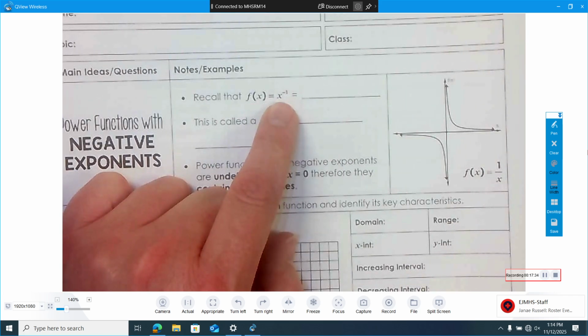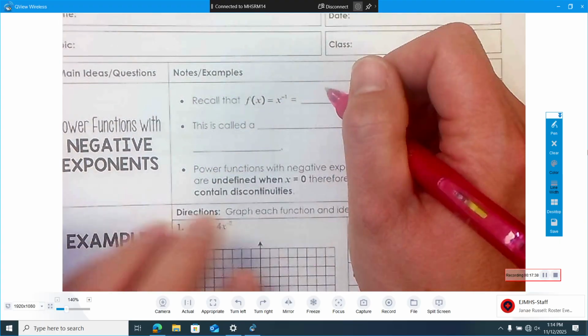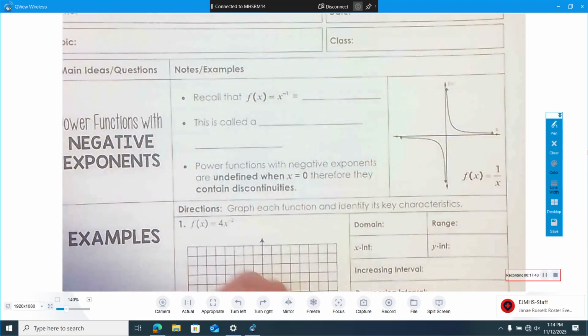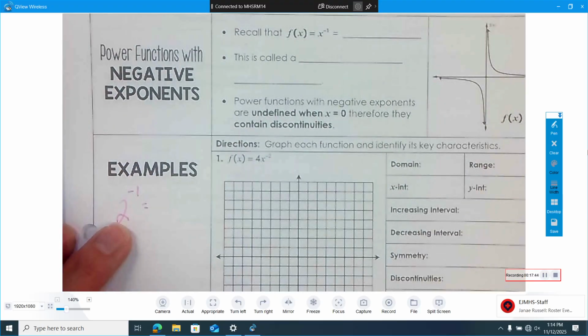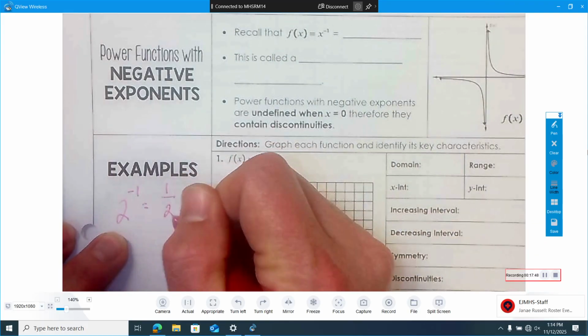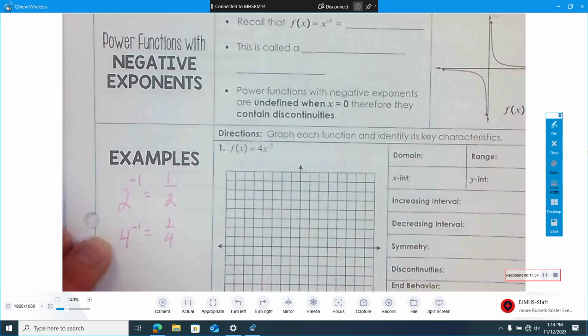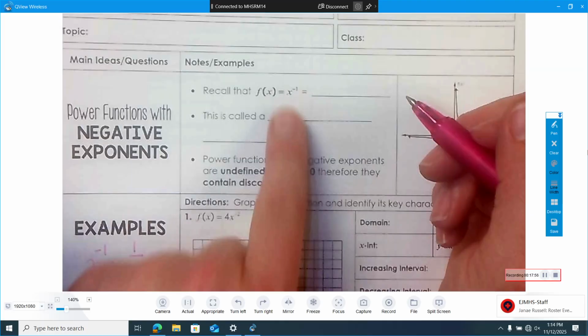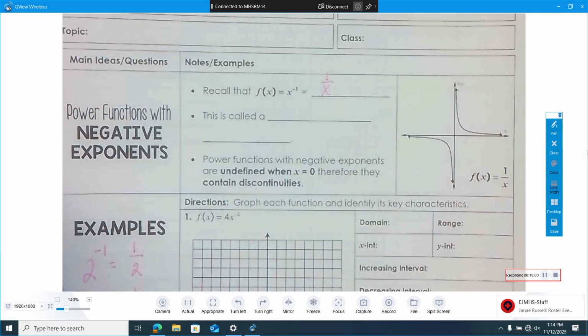One over x is right, yeah. Like 2 to the negative 1 is 1 over 2, and 4 to the negative 1 is 1 over 4, okay? And so x to the negative 1 is 1 over x. It creates a fraction. It's a reciprocal.